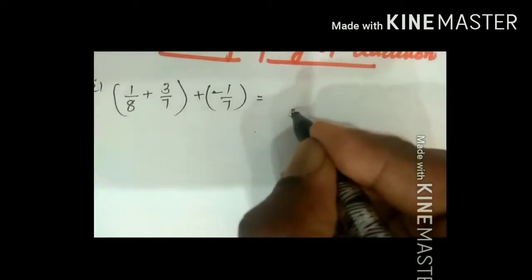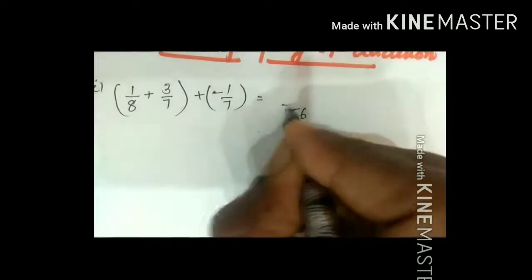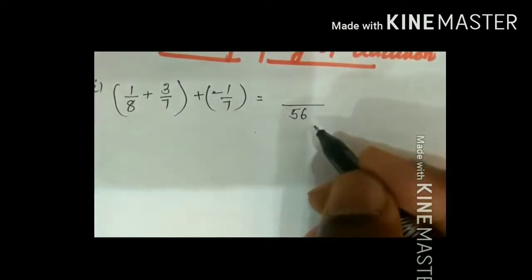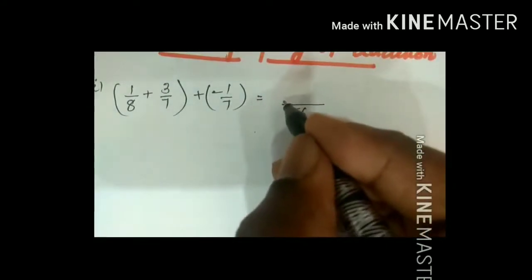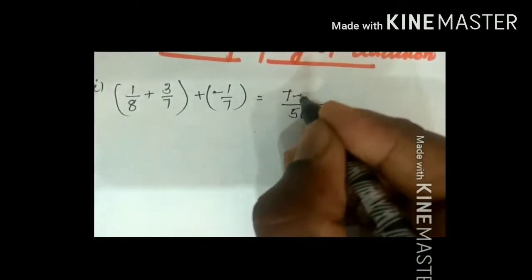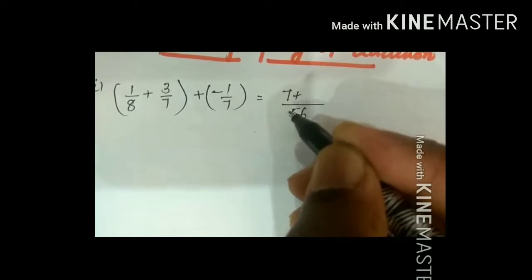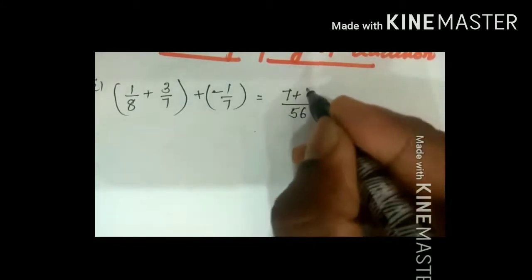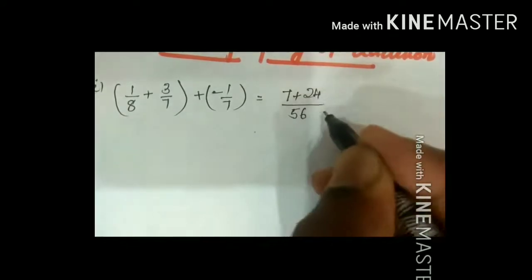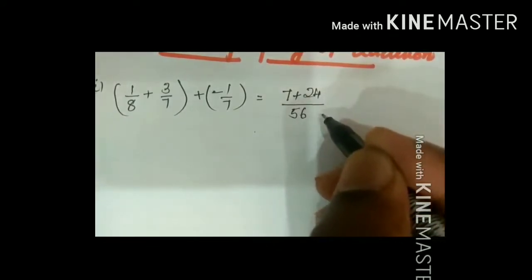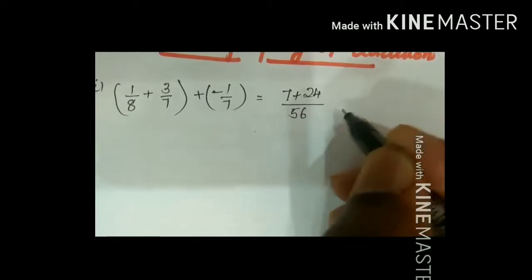It is 56. Okay. Now let's find the numerators. 8 7s are 56, so 1 into 7, 7. Plus here 7 8s are 56, so 8 3s are 24. Okay. This is the sum of 1 by 8 and 3 by 7.